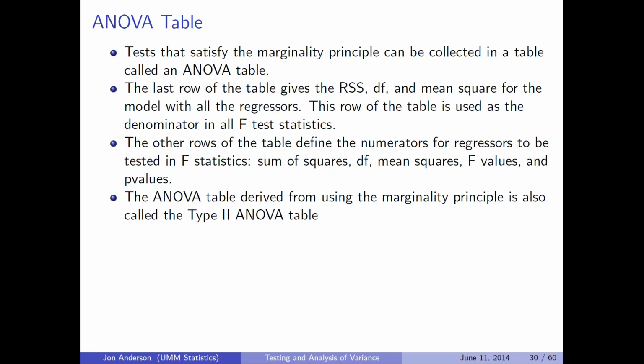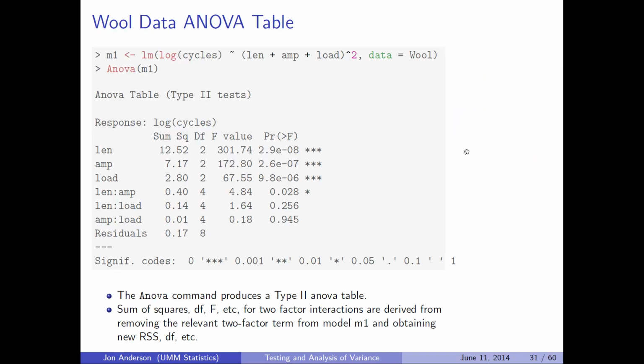The rows of the ANOVA table above that bottom row are tests, with F statistics, sums of squares, mean squares, degrees of freedom, and p-values for a bunch of tests. Let's look at some examples.